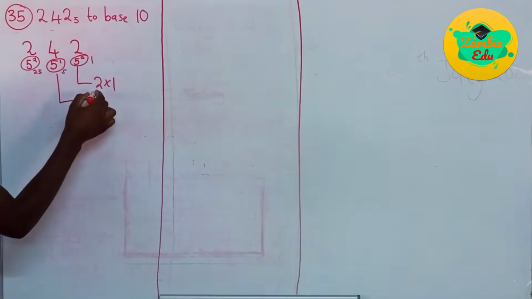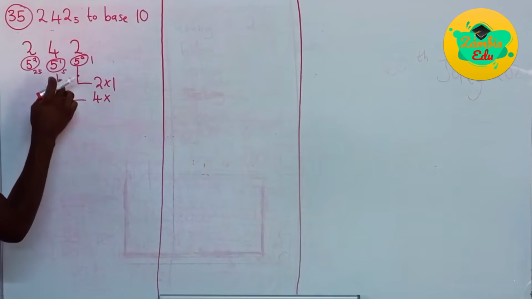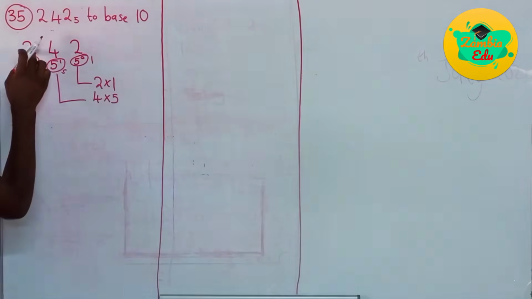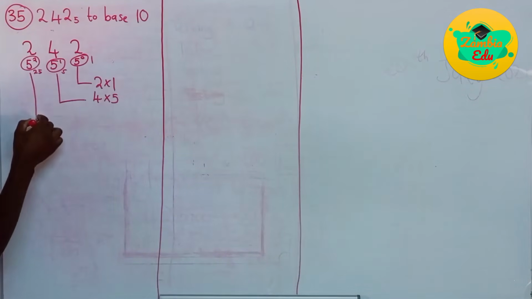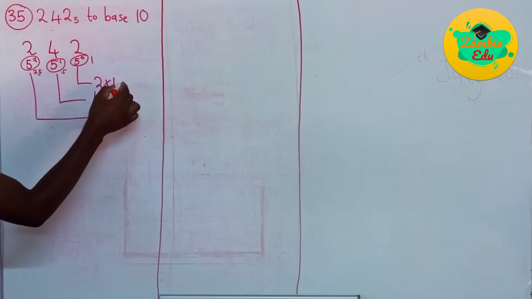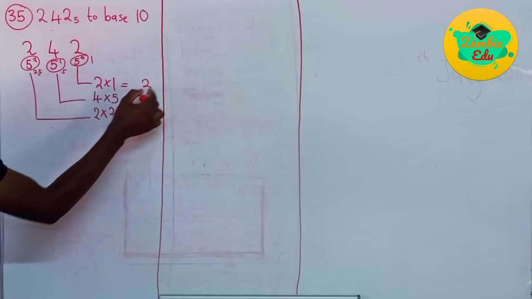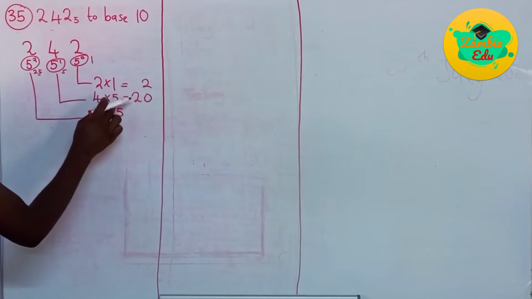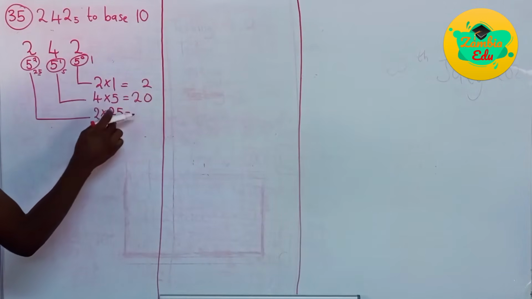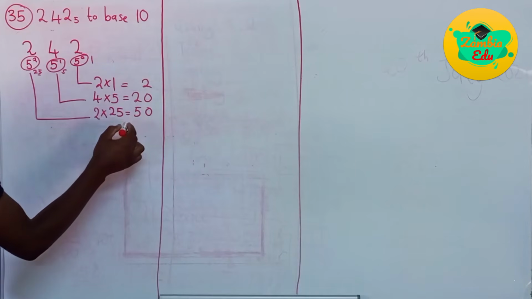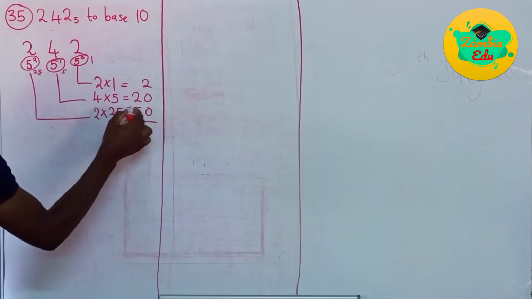Secondly, we're going to say 4 times the value which is 5, and then 2 times the place value which is 25. So 4 times 5 is 20, then 2 times 25 is 50, and we are going to add that.